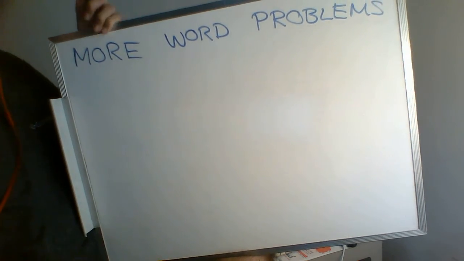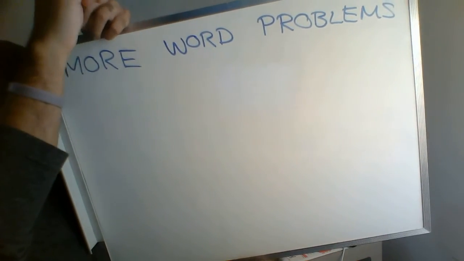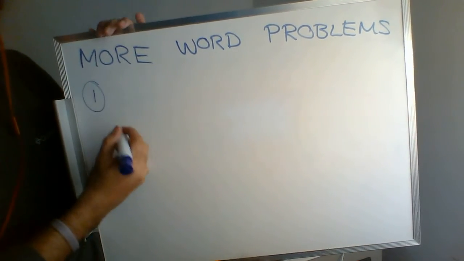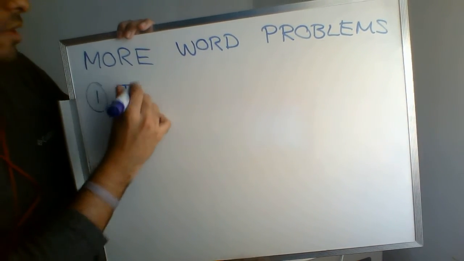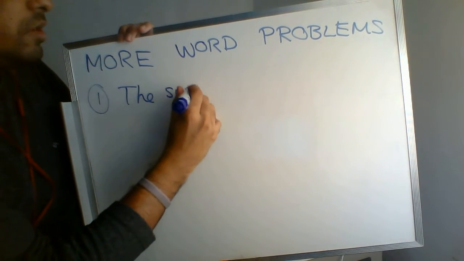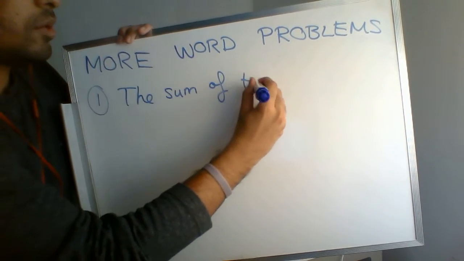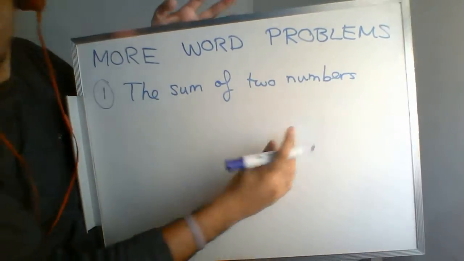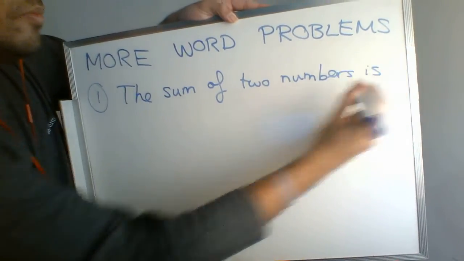So we'll start with the first word problem, and this one is as follows. The sum of 2 numbers is 22.